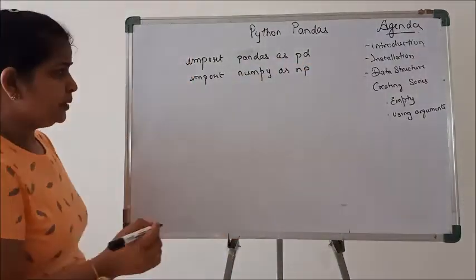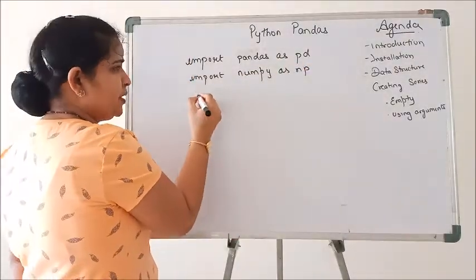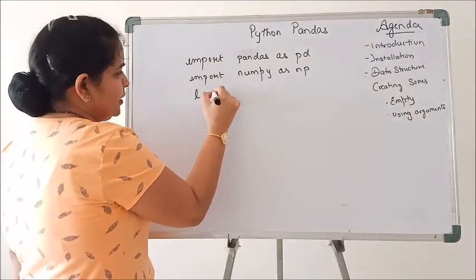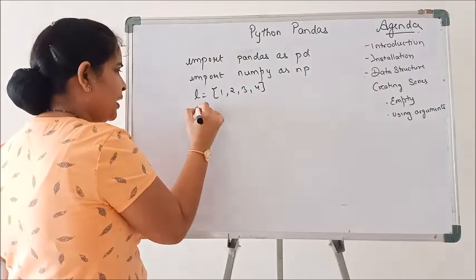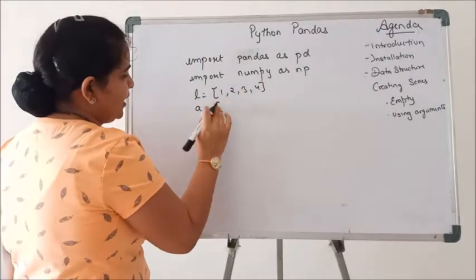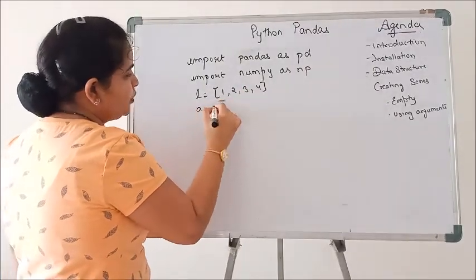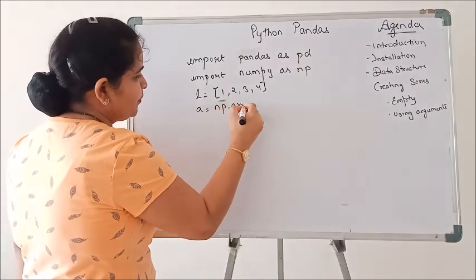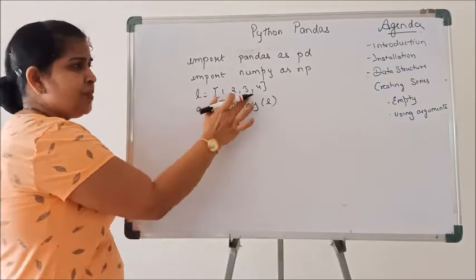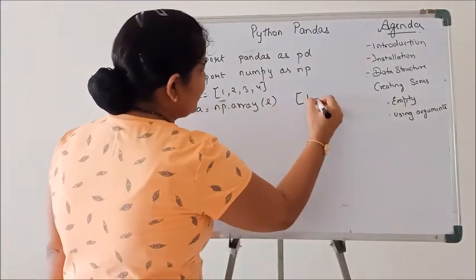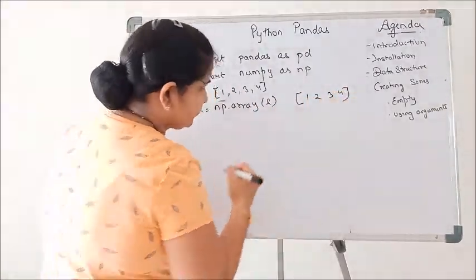After this you can create a list, 1, 2, 3, 4. If I want, I can convert it into an array. A is equal to np.array, and in brackets I use L. So this will be converted to the array 1, 2, 3, 4.